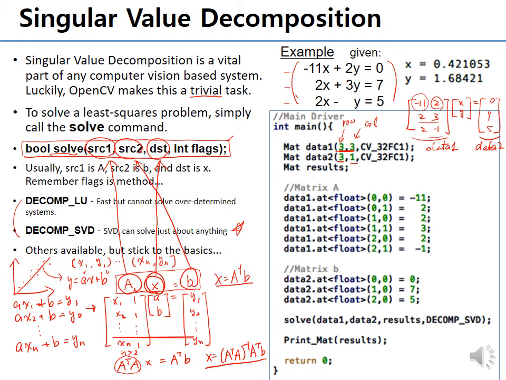So we put these data 1 values, and we put matrix B 0, 7, 5 here. After assigning the data to matrices A and B, by calling solve with data 1, data 2, result and decomposition SVD, we can get the result. That is the answer. So it is quite simple.